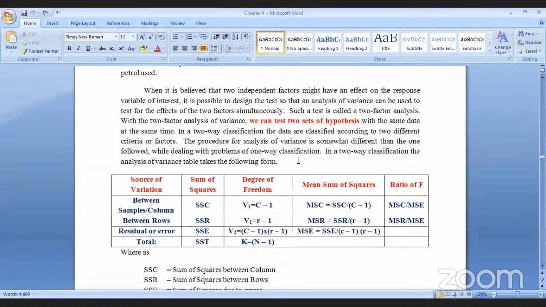Then residual or error, that is SSE, V2 is equal to C minus 1 into R minus 1. C stands for columns, R stands for rows.